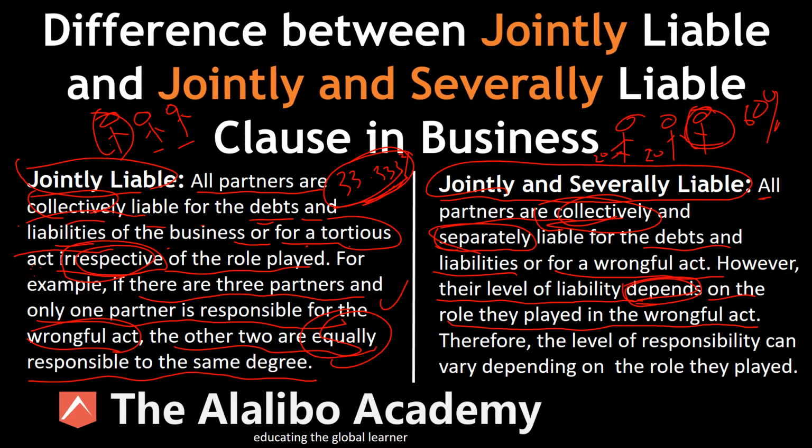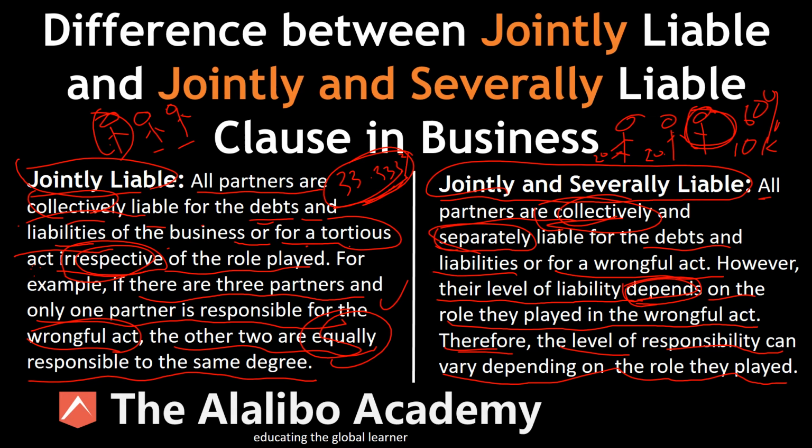So if this were a court case where money is being paid, well, this person will pay more. Let's say the judgment is for $10,000. This person may pay $6,000. This person pays $2,000. This person pays $2,000. That's jointly and severally liable. Therefore, the level of responsibility can vary depending on the role they play.